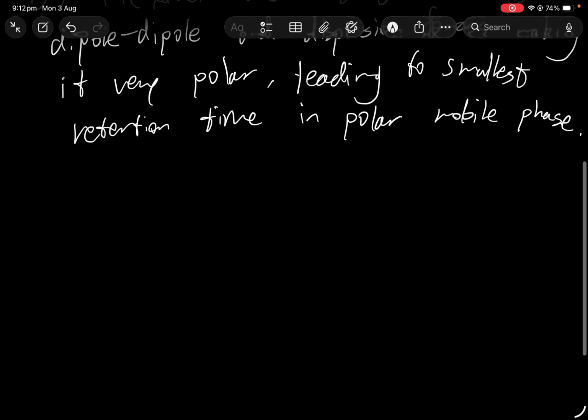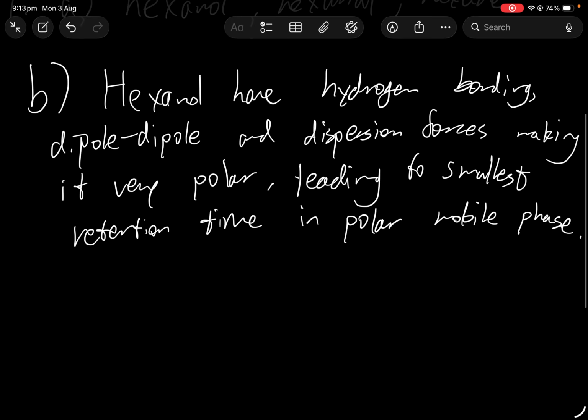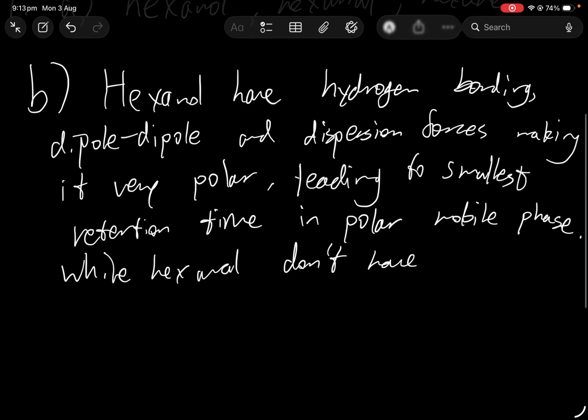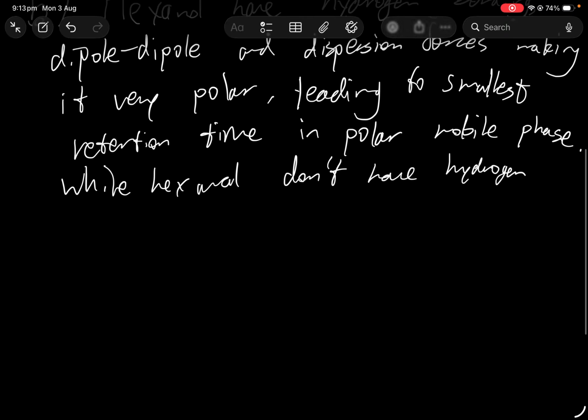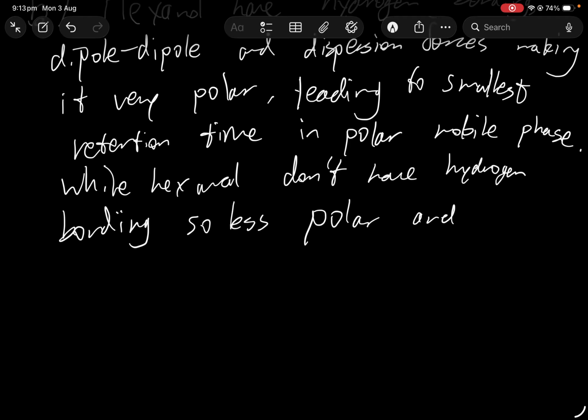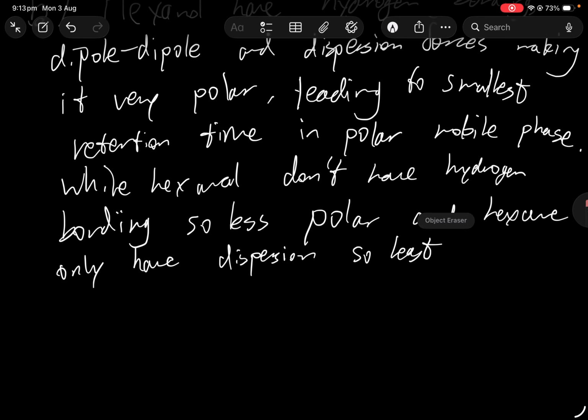But I'm lazy, so I'm just going to say that while hexanal doesn't have hydrogen bonding, so it's less polar, hexane only has dispersion, so it's the least polar.